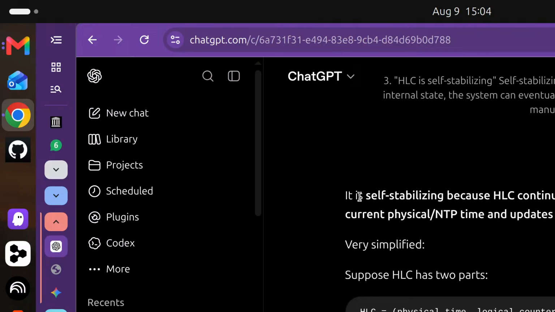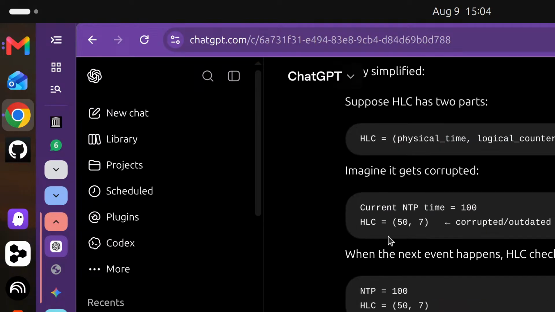It stabilizes because HLC continuously compares its logical timestamp with the current physical NTP time and updates itself. Very simplified, suppose HLC has two parts, a physical part and a logical part. Imagine it gets corrupted. Current NTP time is 100 and the logical part is only 7.